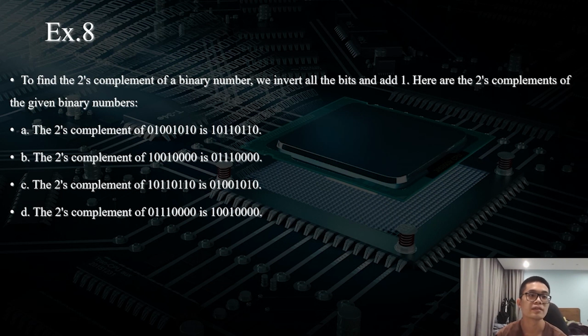To find the two's complement of a binary number, we need to invert all the bits and add 1. Here is the two's complement of the given binary. In A, the two's complement of 01101001010 is 10110110.